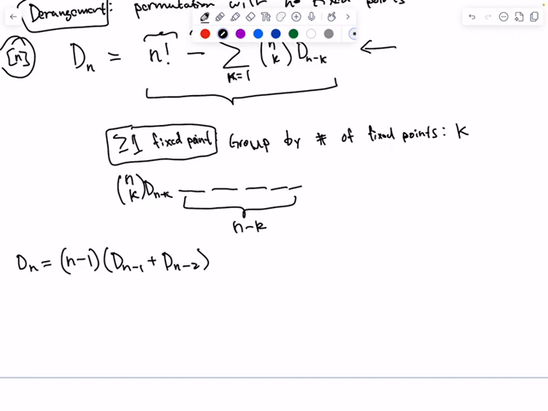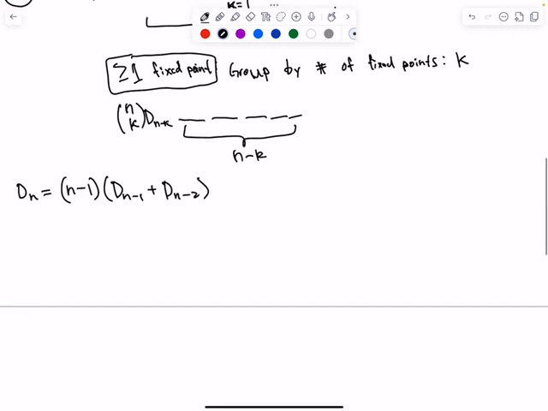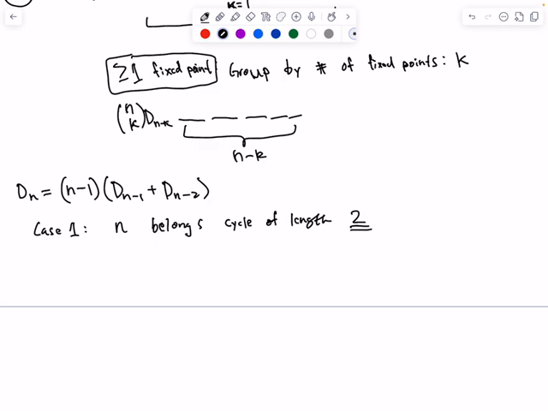So how do we prove this? Well, the key here is actually to do casework on the element n. The first case is n belongs to a cycle of length exactly 2.